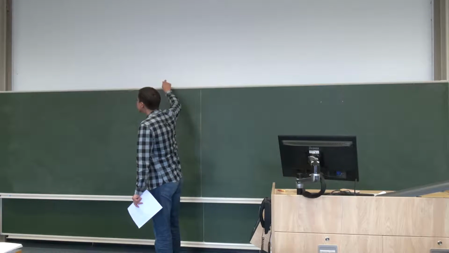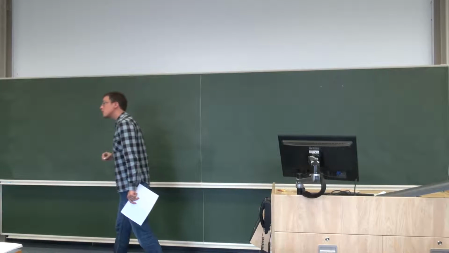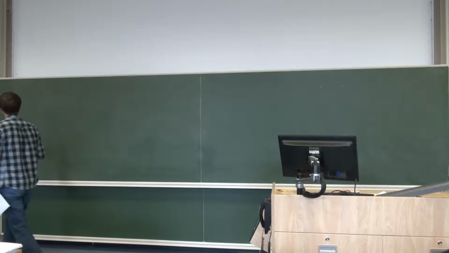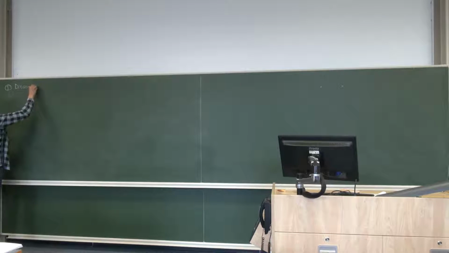So before we start, again a couple of definitions, and the first one that we need to introduce is the definition of a discontinuity. Informally, on the hand-waving level, a discontinuity is an abrupt change in a function from one point to the next.